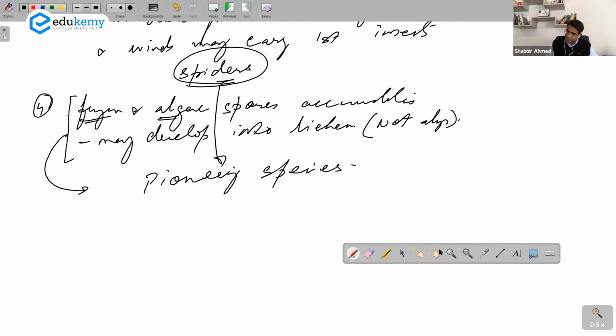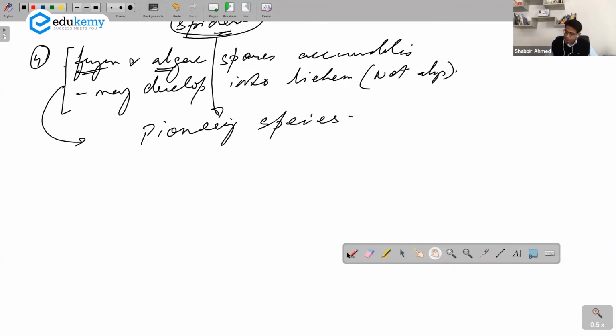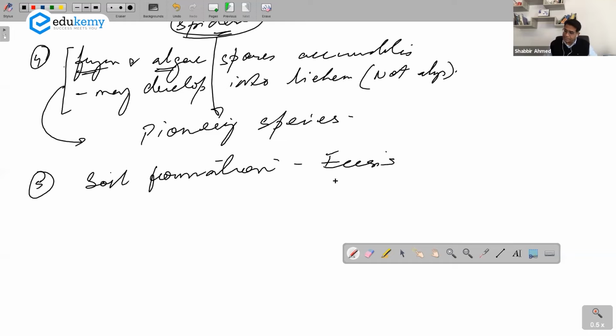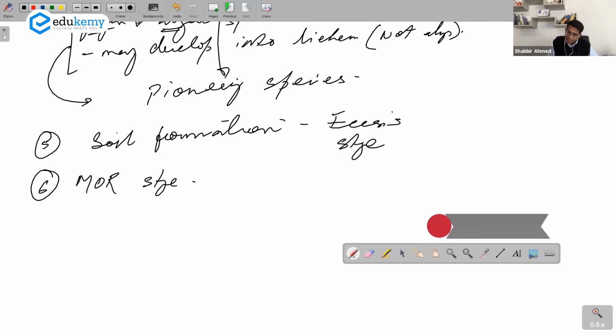They colonize first, and then there is soil formation. This is the ascesis stage. These fungus, algae, spiders slowly, gradually form the first sediments and soil. Then we have a stage called the moss stage, M-O-S-S.